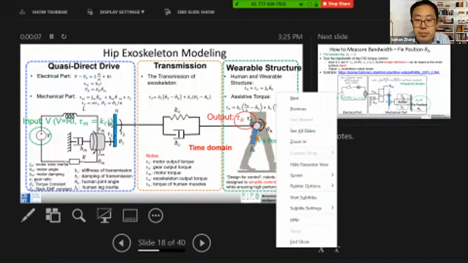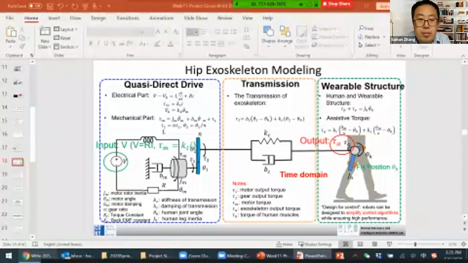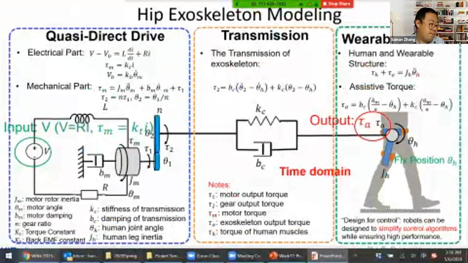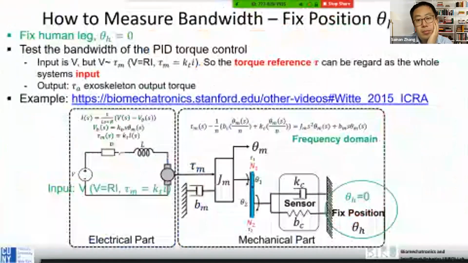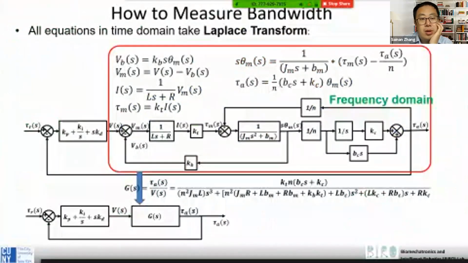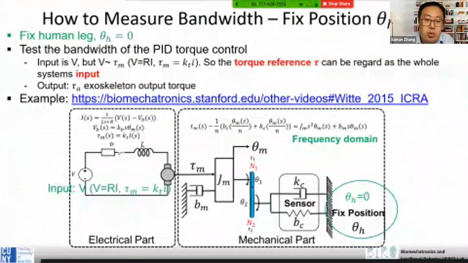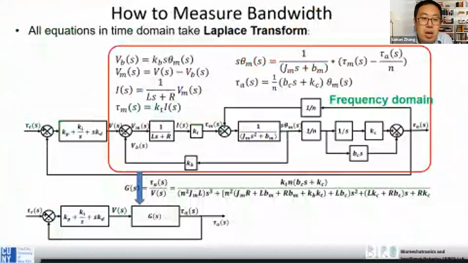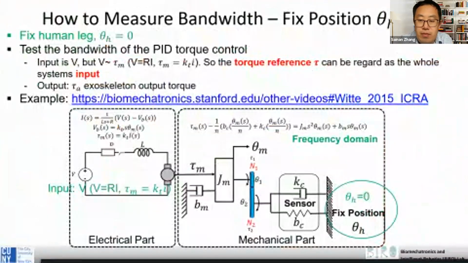Yeah. So in this case, we want to fix this human motion, so basically we fix theta human as 0, right? It's basically fixed to the ground, like what you see in the video.